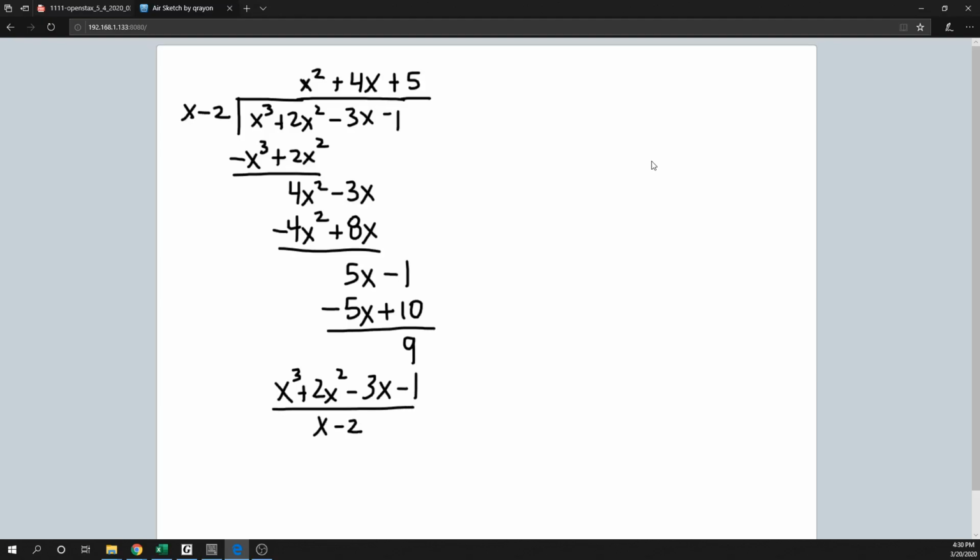All right, so that's the original problem. And then what is that equal to? That's equal to this part up here, x squared plus 4x plus 5. And then the hidden plus, then the remainder, which is 9, over what you're dividing by, which is x minus 2.